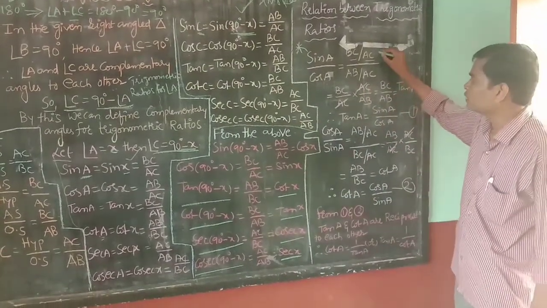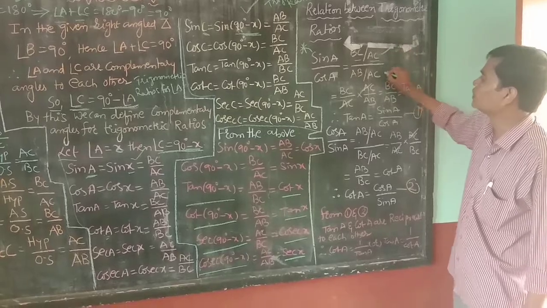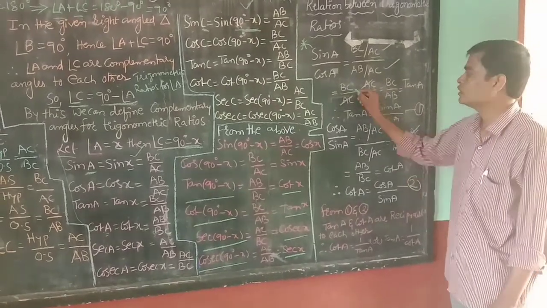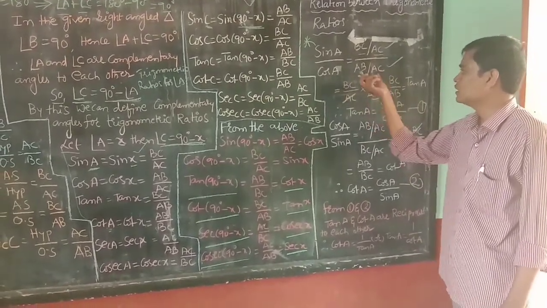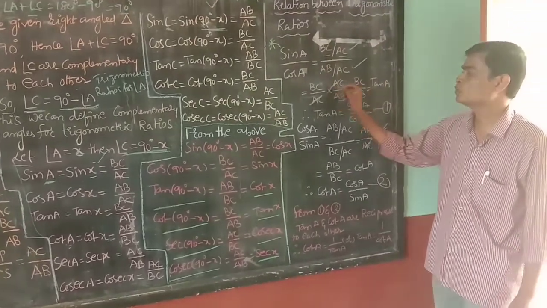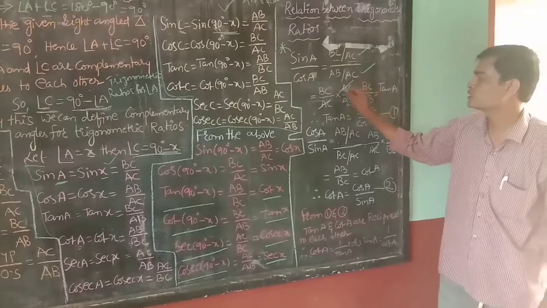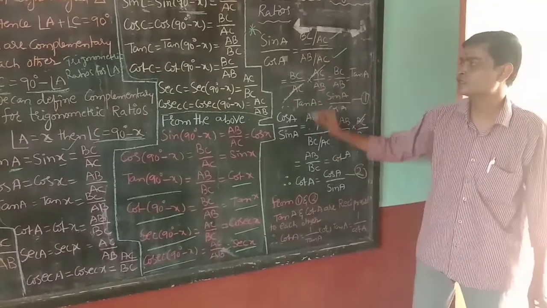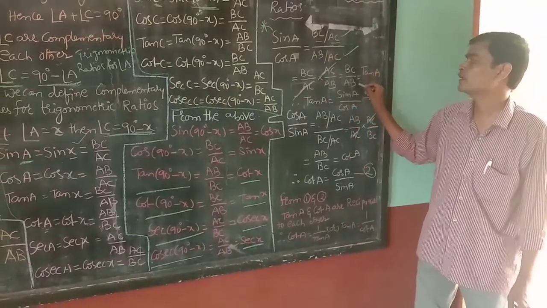So in the numerator we have a fraction, and in the denominator we also have a fraction. Therefore BC by AC, and taking the reciprocal of the denominator, into AC by AB. So this AC gets cancelled, and we get BC by AB.